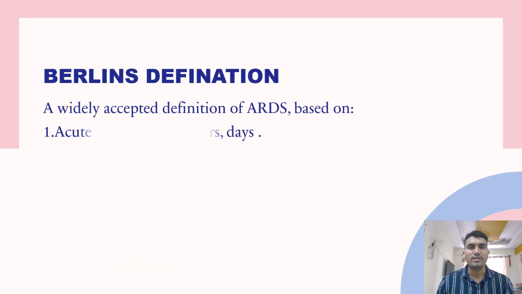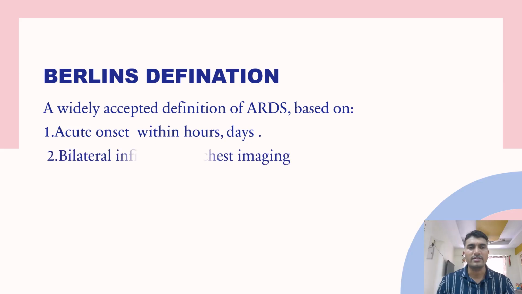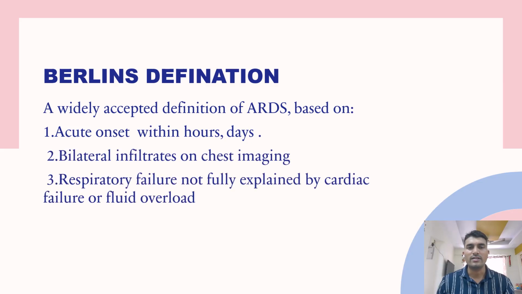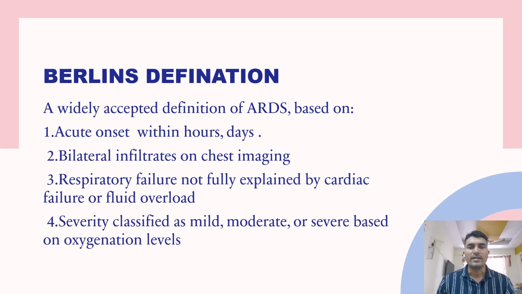Based on the Berlin definition, ARDS is defined as acute onset within hours and days, bilateral infiltrates, respiratory failure which is not fully explained by cardiac failure or volume overload.